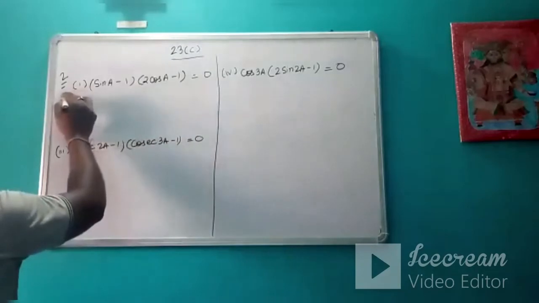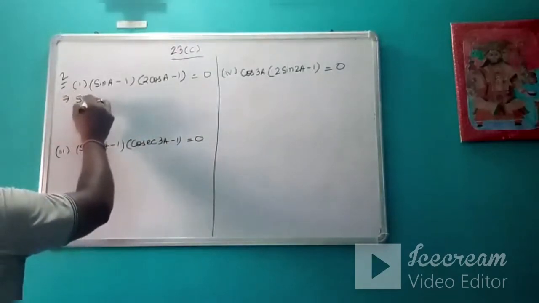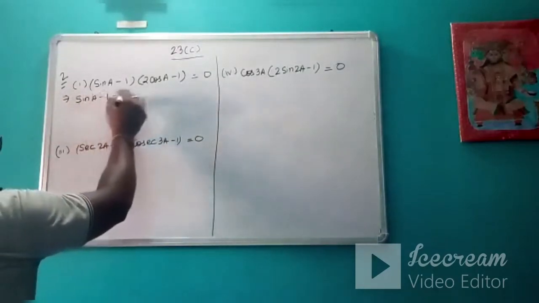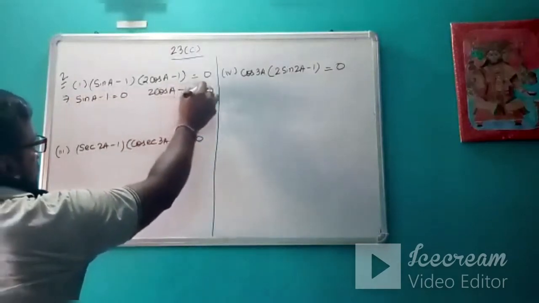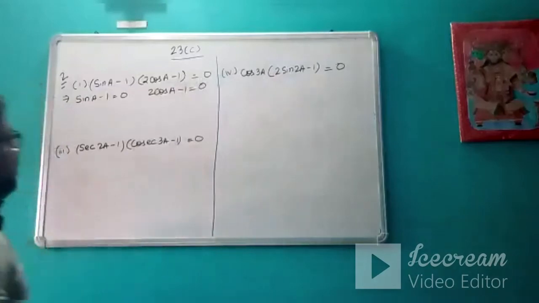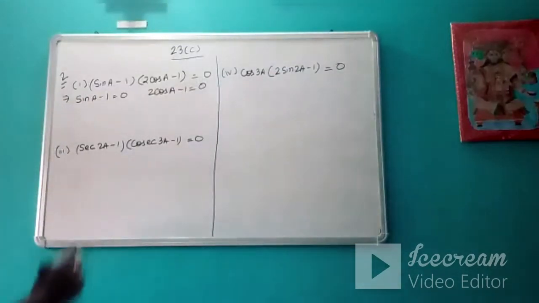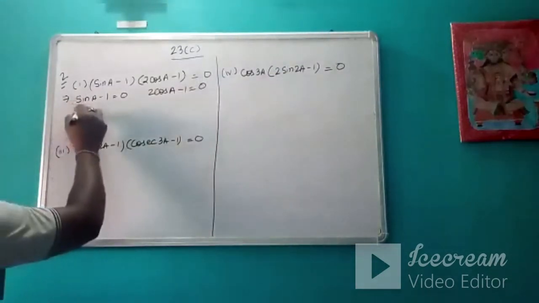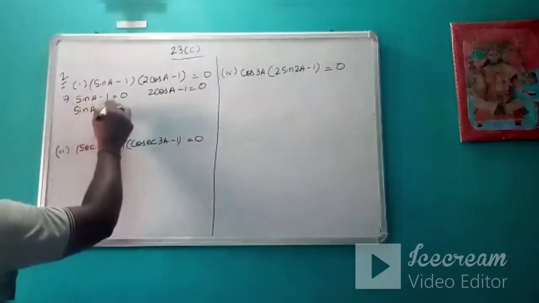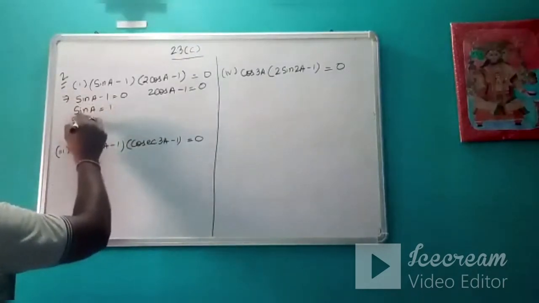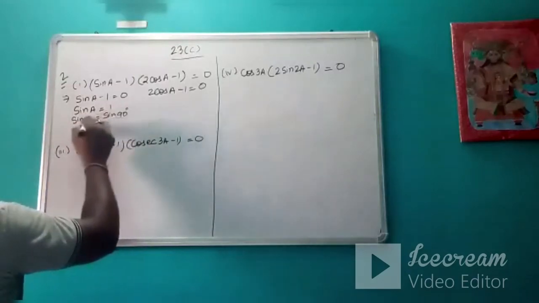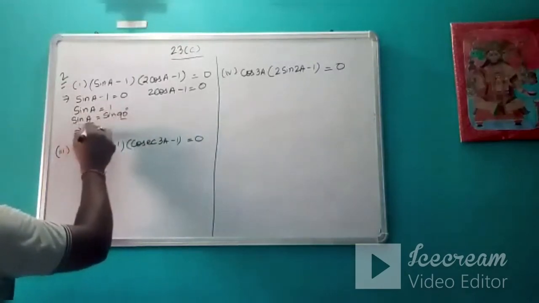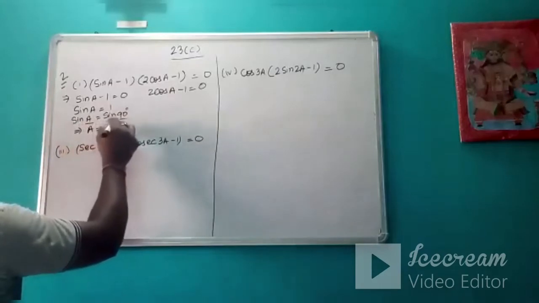That means we will write sin A minus 1 is equal to 0 and 2 cos A minus 1 is equal to 0. So you can see it becomes questions like we have done before: sin A is equal to 1, or sin A is equal to sin 90. That means A is equal to 90 degree.